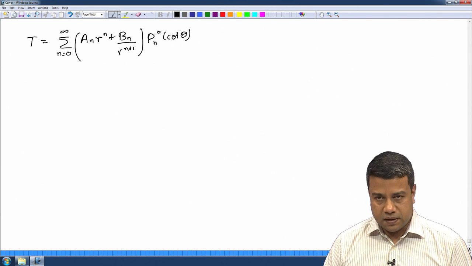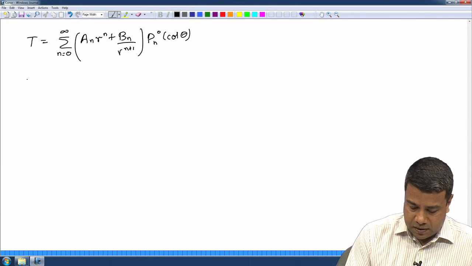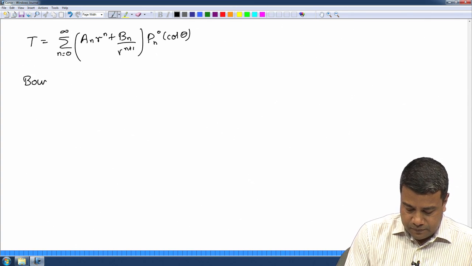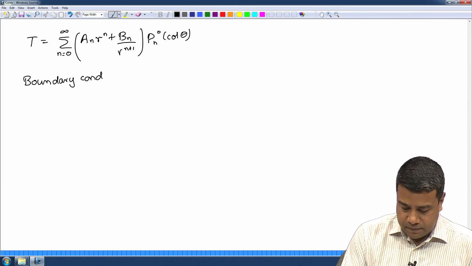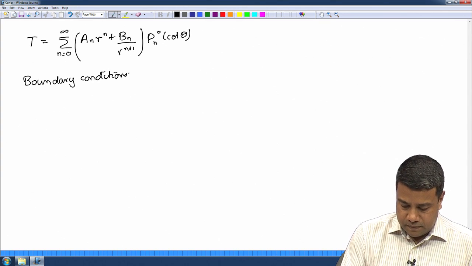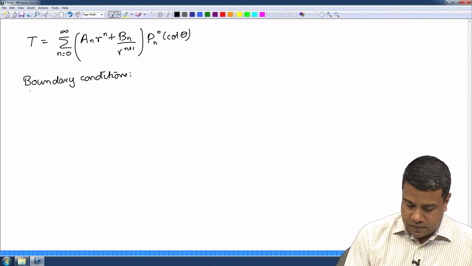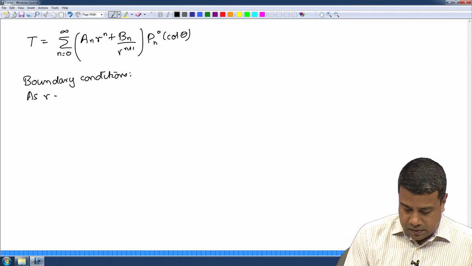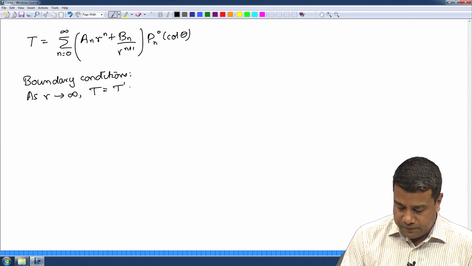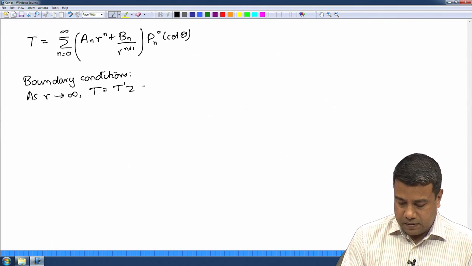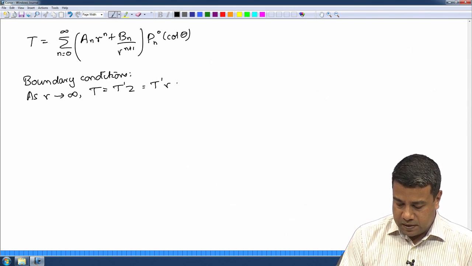What are the boundary conditions? First one is that as r goes to infinity, T is equal to T prime z, which is T prime r cos theta.